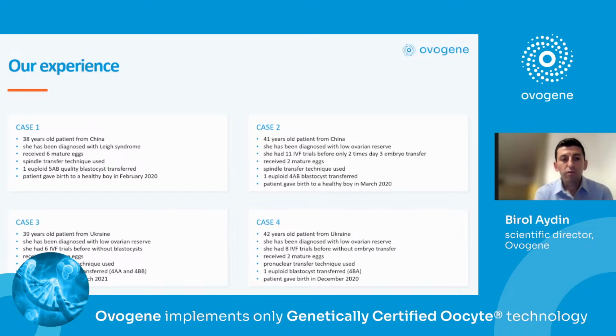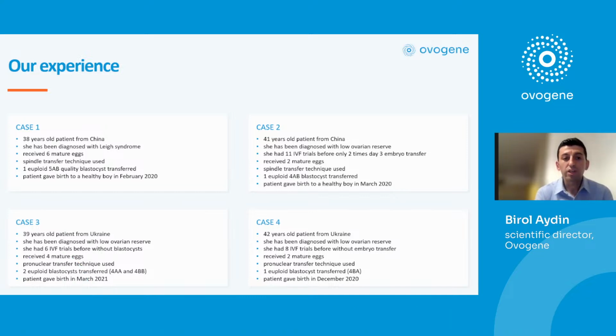For example, case one: a 38-year-old patient from China who has exactly mitochondrial disease, from whom we received 6 mature eggs. We used spindle transfer technology, and we transferred one euploid 5AB quality blastocyst, and the patient already gave birth to a healthy boy in February 2020.